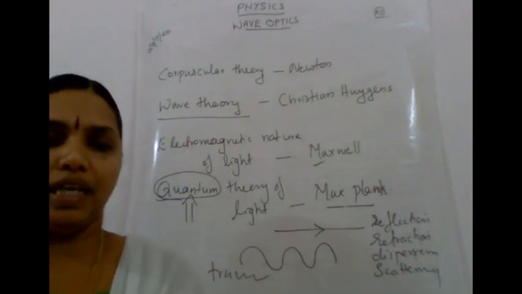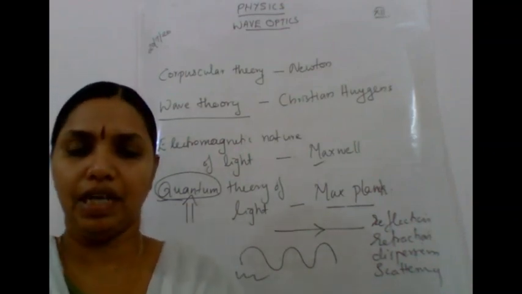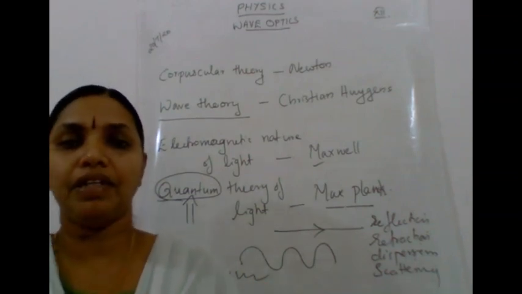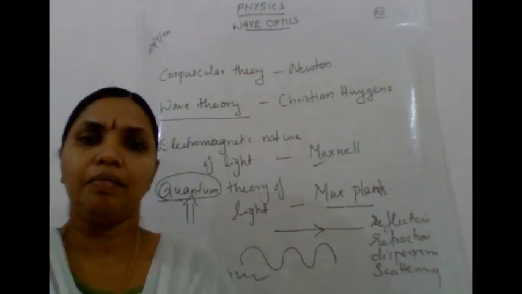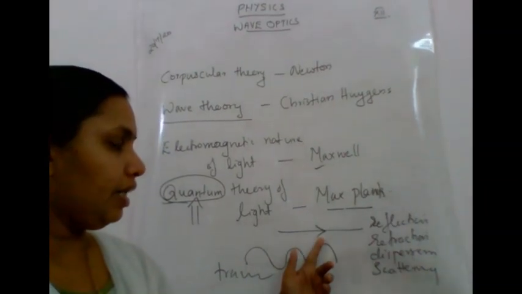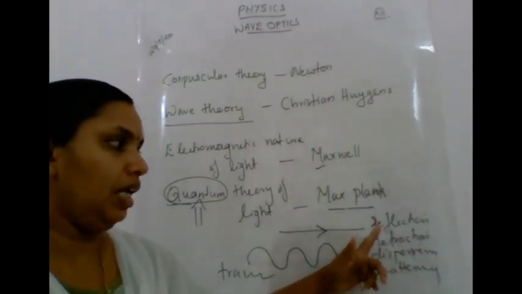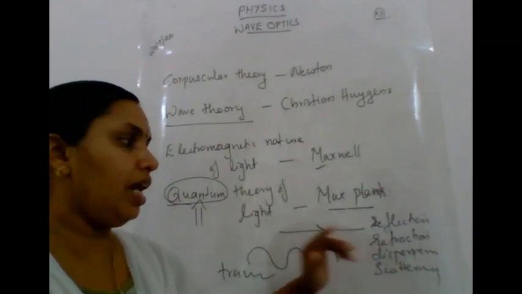What are the characteristics, how does this wave nature come, and why is it proved that it has the wave nature? Based on the ray characteristics, we could explain only reflection, refraction, dispersion, and scattering.